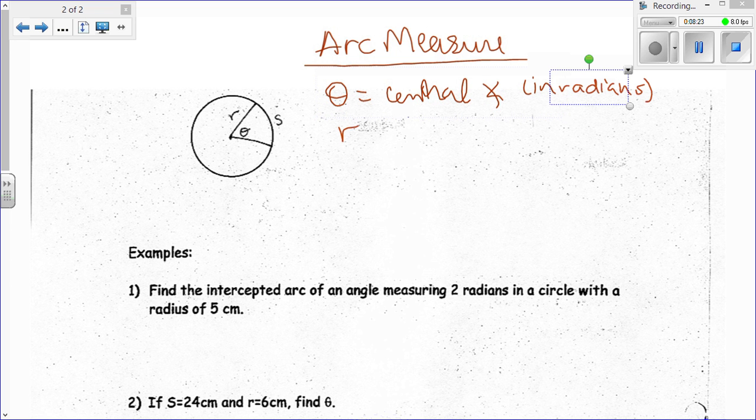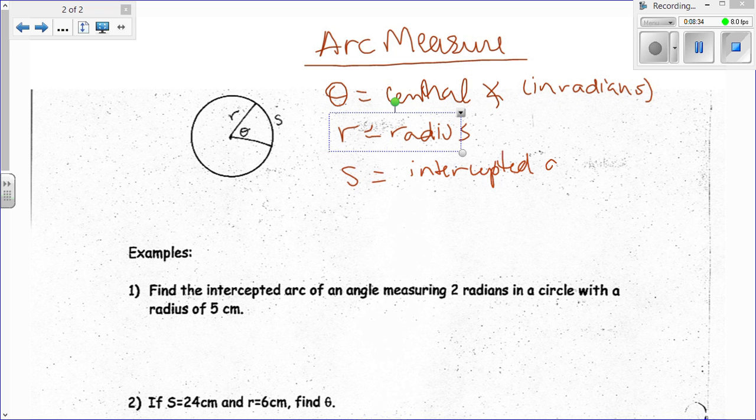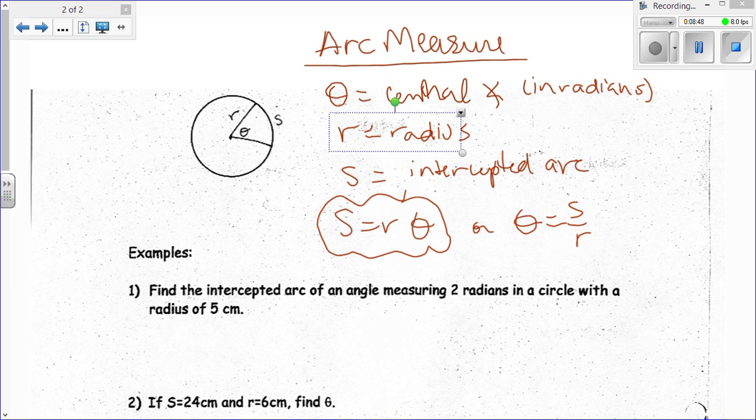R is exactly what you think it is, the radius. And S is your intercepted arc. Our formula is S equals R times theta, or some people call it theta equals S over R. Either way, you have to remember one of these two formulas, neither of which is given to you on the exam, but you may have to use.